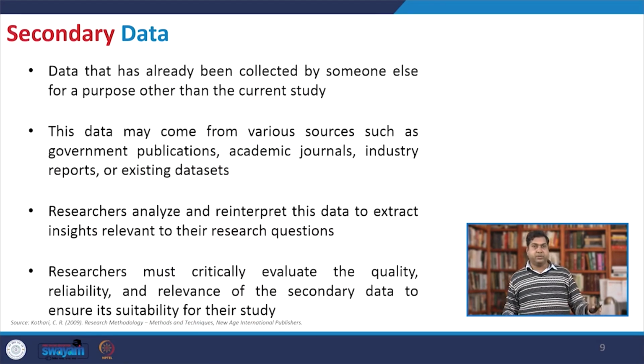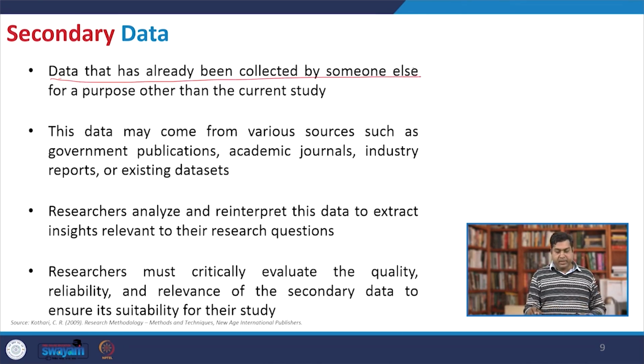Now, in contrast to that, secondary information is information that you have not collected; somebody else has already collected it, and the data is available for any researcher to use. The data was already collected by someone else for a different purpose than the current study.